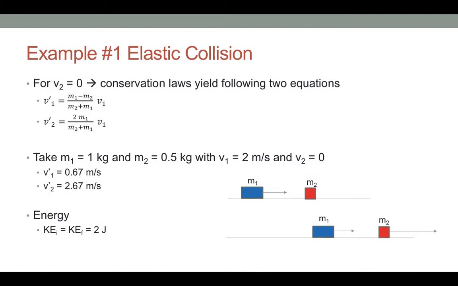They come from application of the conservation of energy and the conservation of momentum. However, here we can use some values where we have a 1 kilogram mass colliding with a half kilogram mass, and we can plug the numbers in and find out that the heavier mass slows down and the lighter mass speeds up significantly. Total momentum will be the same, and the energy before and after, if you plug in, will both be 2 joules.